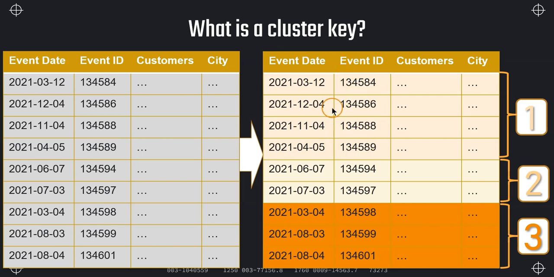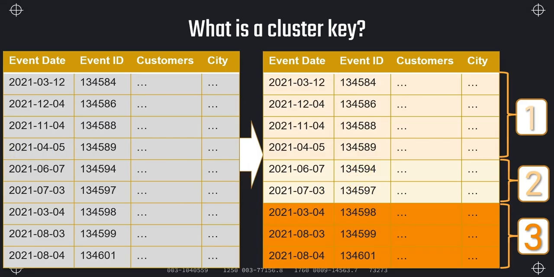This is maybe some kind of an ID column, and this would be the partition. So we would have these three micro-partitions, just as an example. Of course, in the real world, those are much larger and not that small, like only containing 2 rows, but this is just an example.